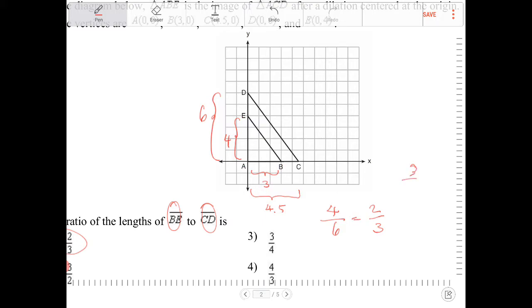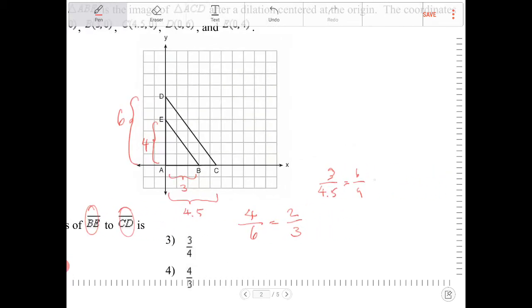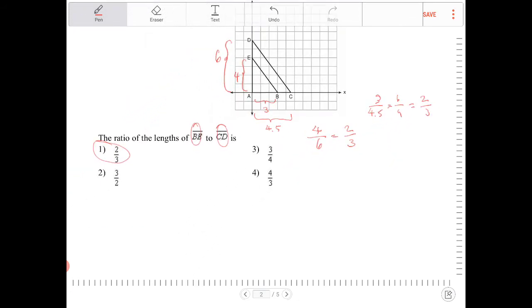So 3 over 4.5 is the same thing as 6 over 9? Yes, it is, because if I multiply top and bottom by 2, I get 6 over 9. And then if I divide top and bottom by 3, isn't that 2/3? So DC and EB will also share the same proportion.